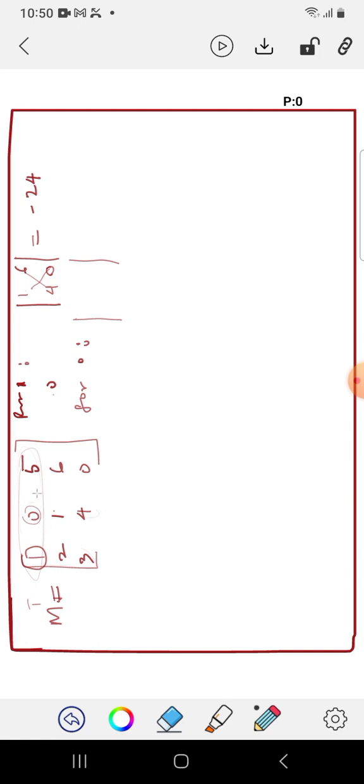All right, you clear those two, then you are left with 2, 6, 3, 0. If you take the determinant of this, you're going to have minus 18.